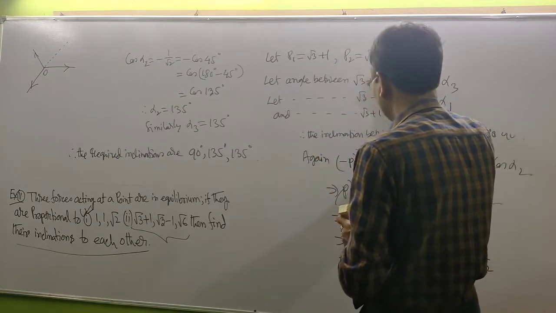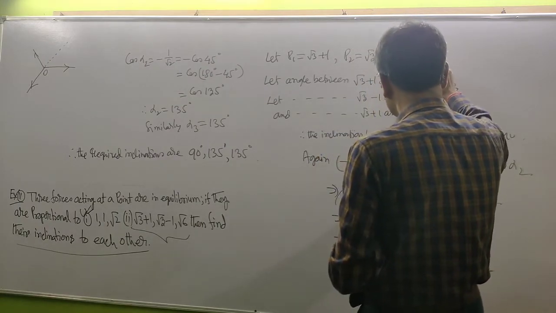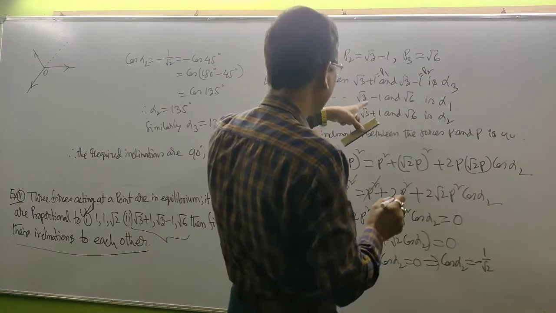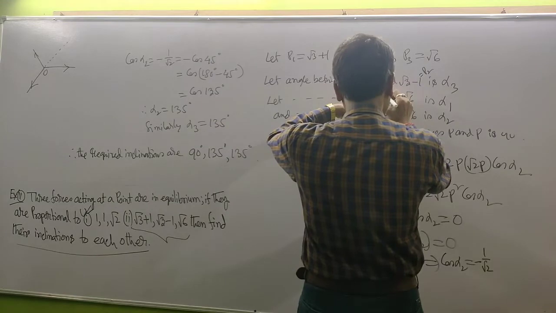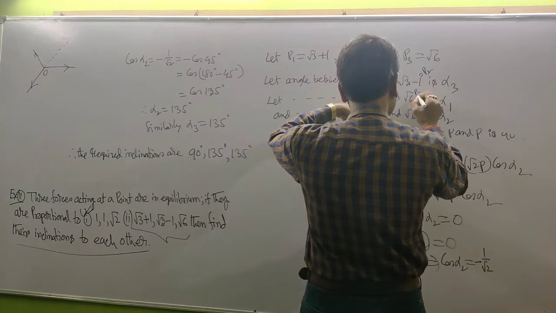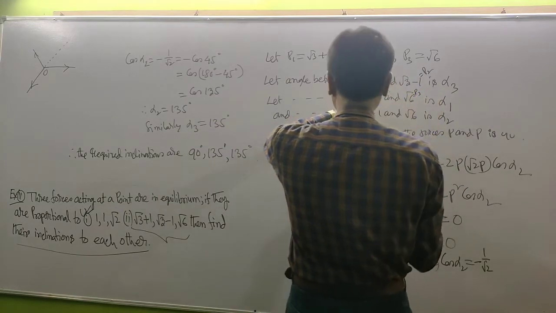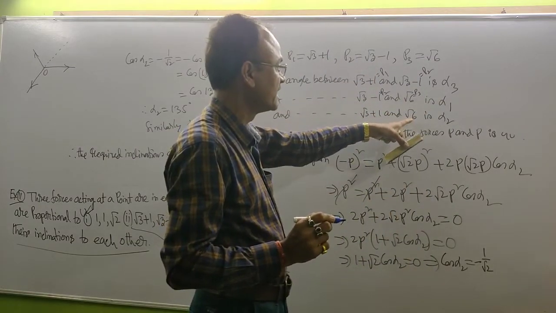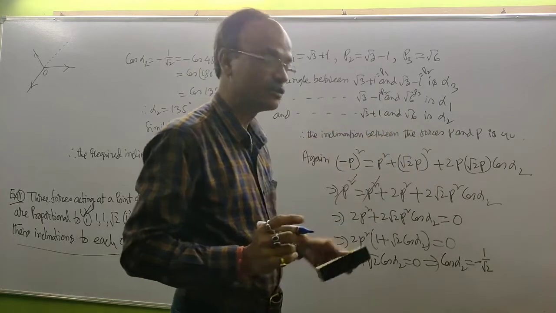Means the angle between P1 and P2 is alpha 3, angle between P2 and P3 is alpha 1, angle between P3 and P1 is alpha 2.